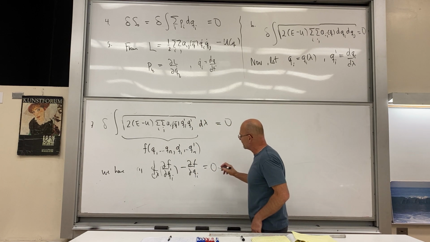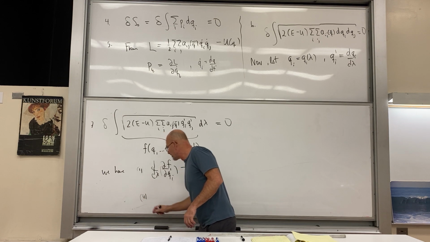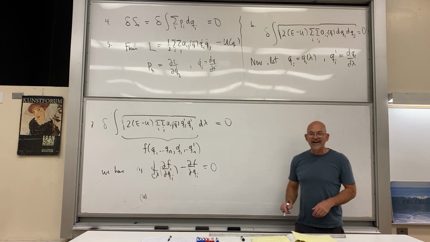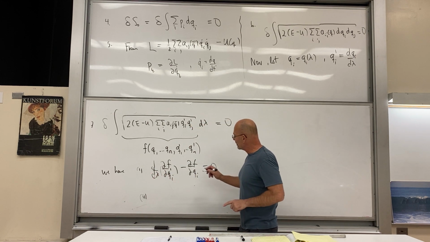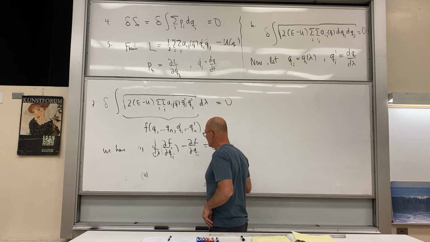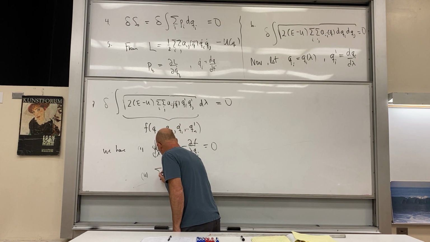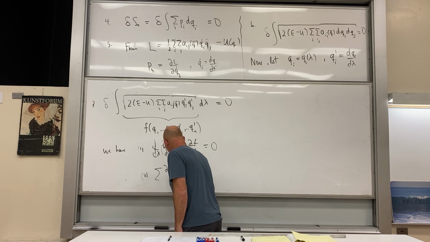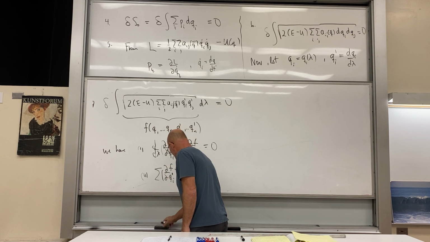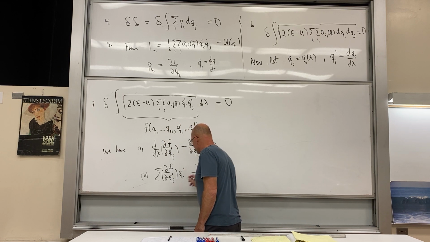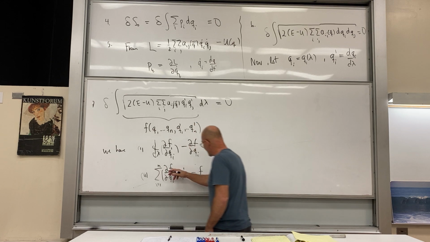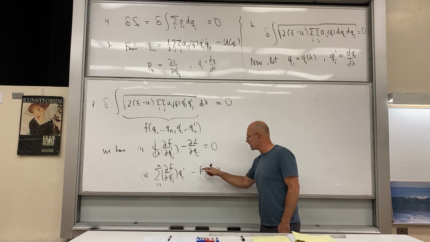And the other thing we have is Euler's second form, what in Lagrange mechanics we've been calling the energy. But right now, it is going to be the sum from i equals 1 to n of partial f partial q_i prime times q_i prime, minus f, with f outside of the sum, equals 0.